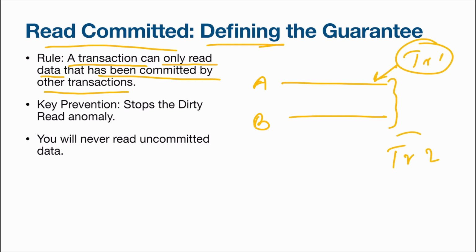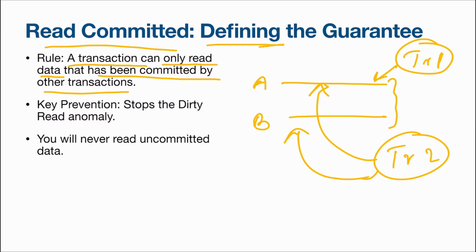If transaction 2 comes and tries to see rows A and B, it does not see the values that transaction 1 has updated them to, because transaction 1 is still ongoing. Transaction 2 only sees the values that have been committed by some transaction. It can be a previous transaction which updated A and B last, and that transaction has committed already. So transaction 2 sees that value. It does not see an intermediate value that is currently in transaction 1.